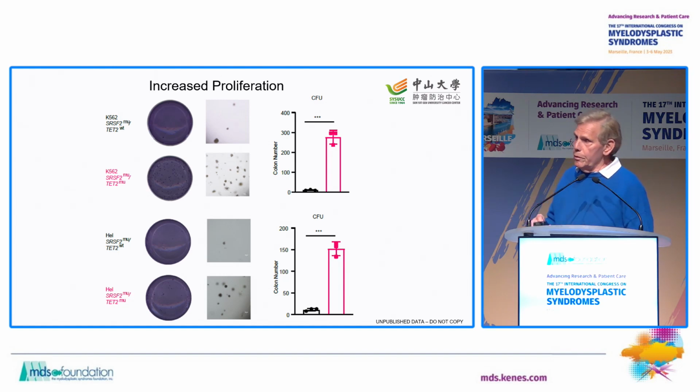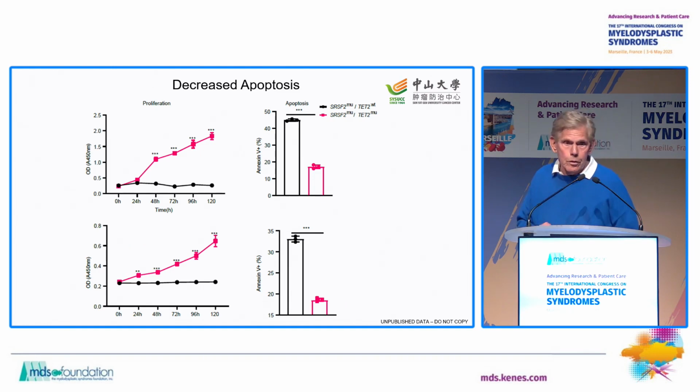So this is driving proliferation, and at the same time it is decreasing apoptosis. So again, here is the decrease. You can see the increase in proliferation because of a decrease in apoptosis in two different cell lines.